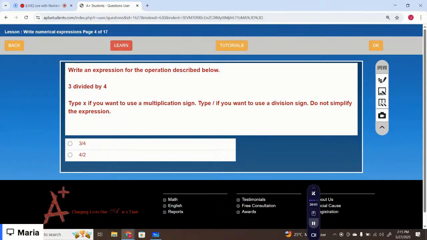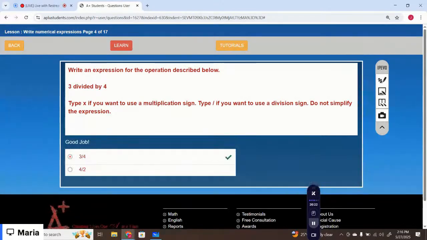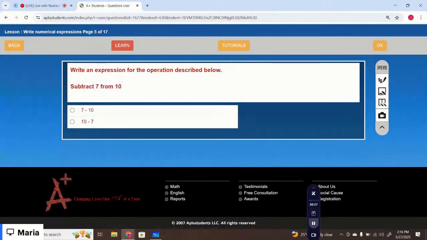Write an expression for the operation described below: 3 divided by 4. That is option number 1, 3 divided by 4. Option number 1 is the correct option. Write an expression for the operation described below.